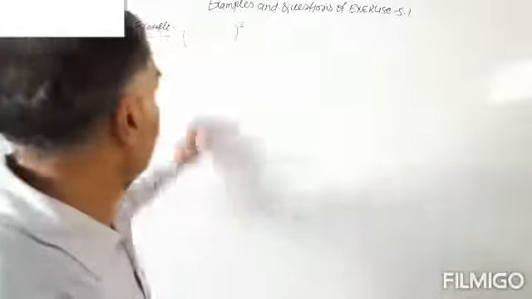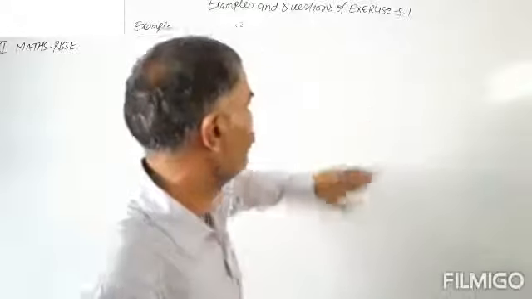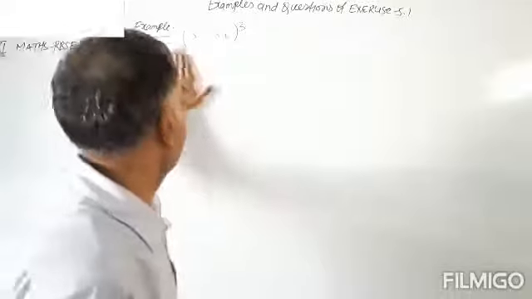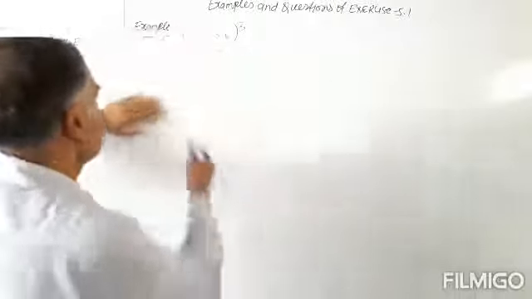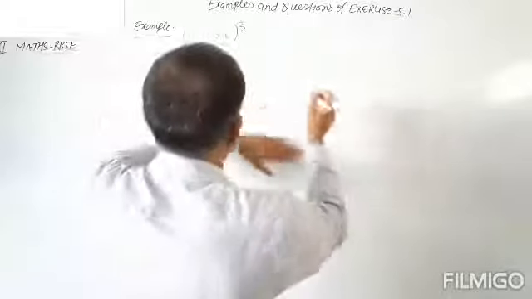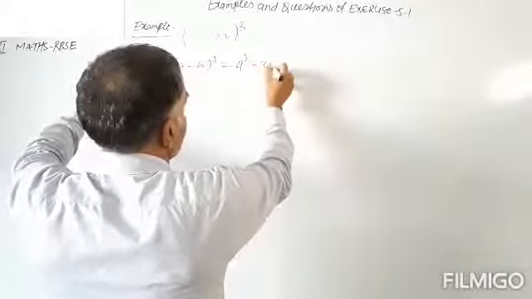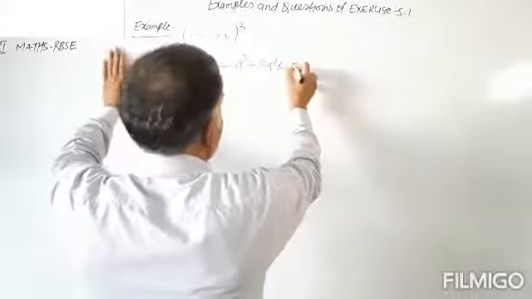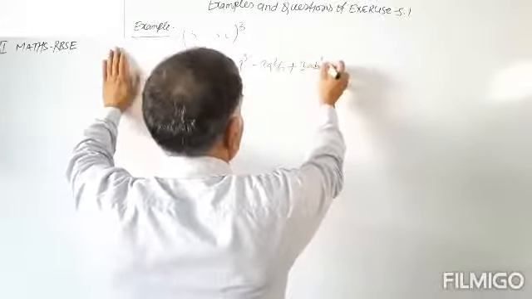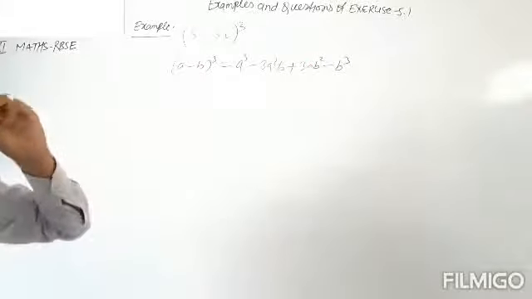So this is of the form a minus b whole cube. We will use the identity for a minus b whole cube, which is a cube minus 3a square b plus 3ab square minus b cube. This is the identity.